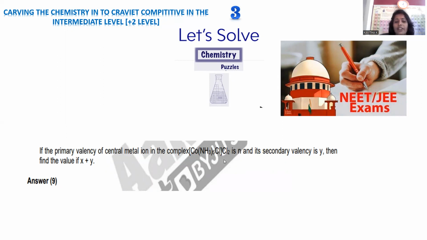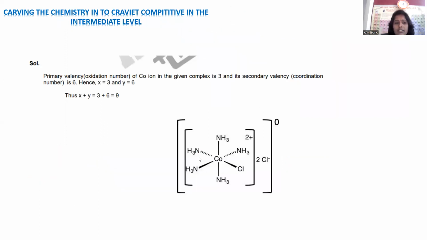Let's see how we can predict this. Answer 9. If you see, the compound is given with central cobalt surrounded by a set of 6 ligands within this coordination sphere, occupying octahedral geometry. Among the 6 ligands, 5 ligands are purely neutral in nature. The chloro ligand has a dual nature, acting as both primary and secondary valency.